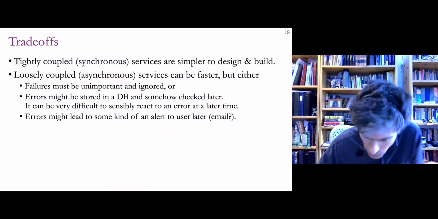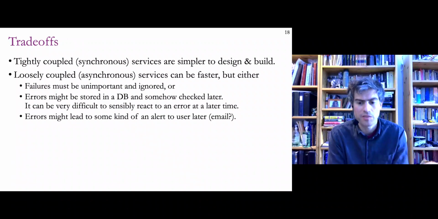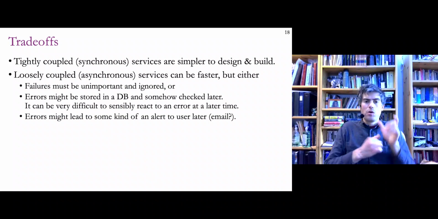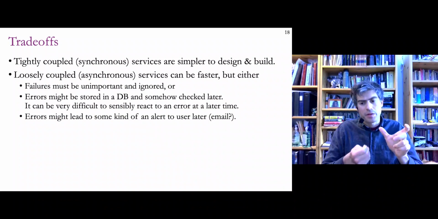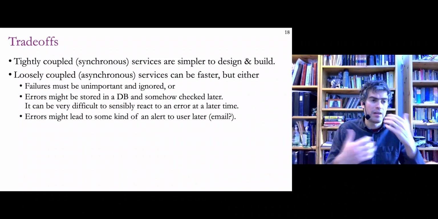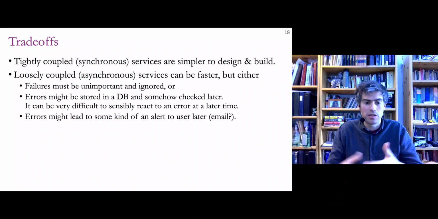Okay. So when we're designing asynchronous systems, there are trade-offs. I've kind of talked about these already. In a tightly coupled synchronous system, we have a simpler design, but there could be some slowness in the interactions for doing work that takes a long time.